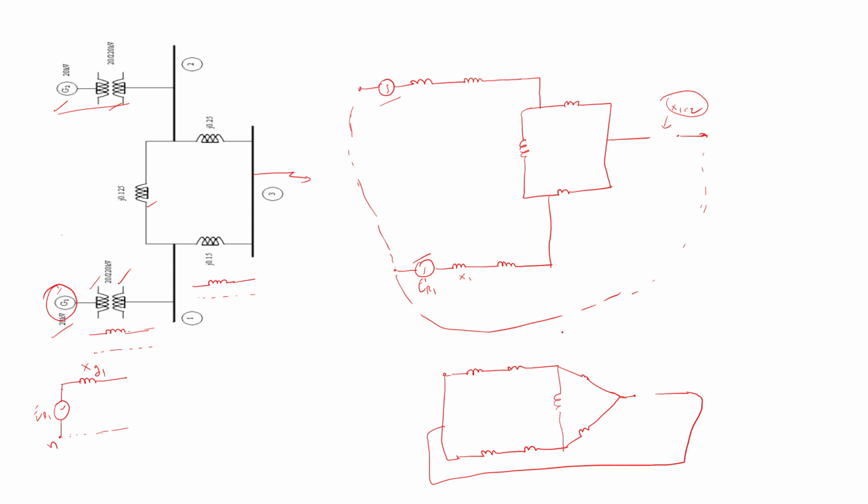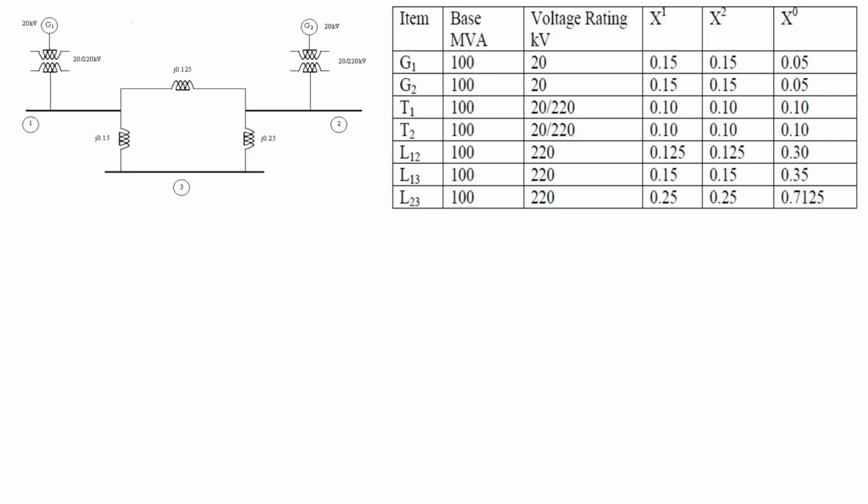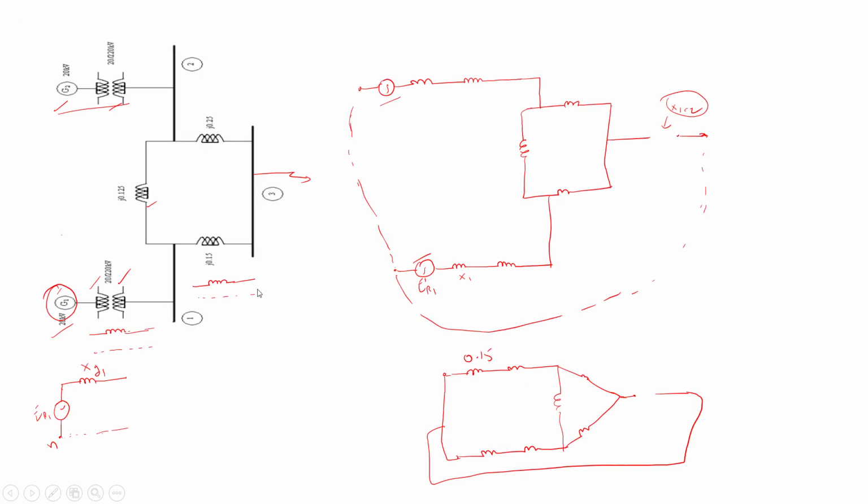For the transformer it is given as 0.1, and similarly 0.15 and 0.1. The lines are given as 0.125, 0.25 and 0.